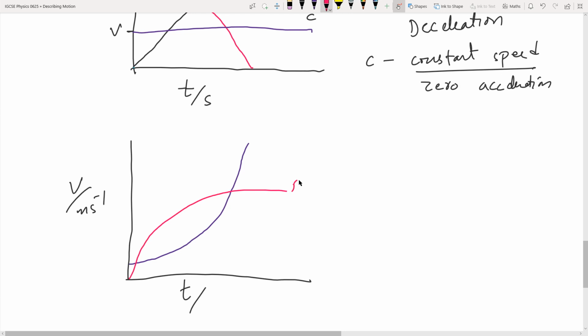So this is B and this is A, right? So what is A and what is B, right? Think for a second. As you can see, both of them are variable, but you need to understand what is happening to the time interval.